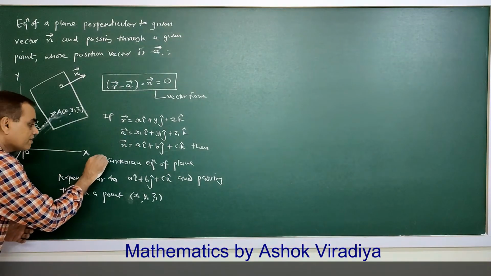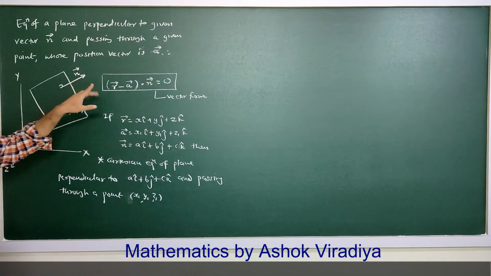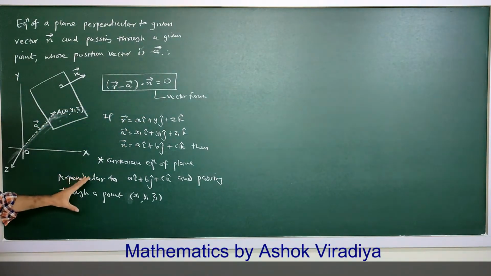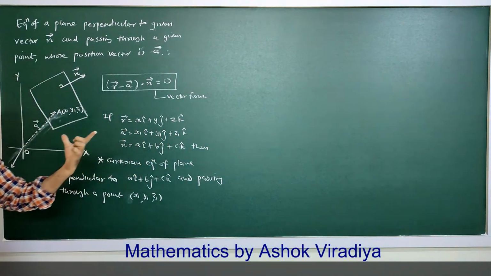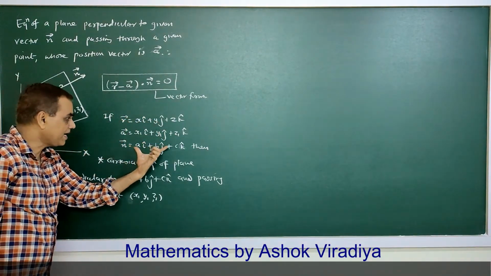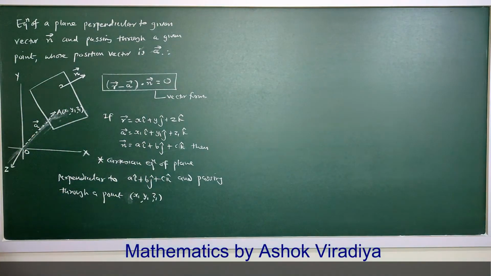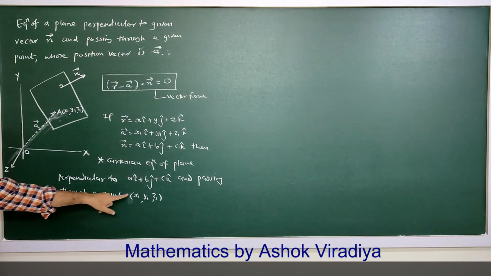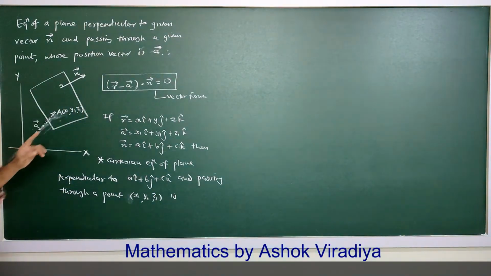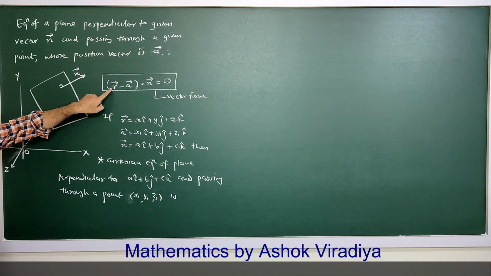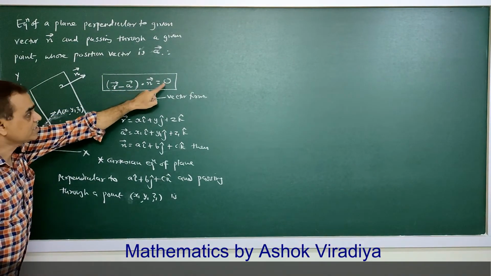So now I am converting this form into Cartesian form. So Cartesian equation of plane perpendicular to this vector n, which is normal, and passing through a fixed point x1, y1, z1 is, see, from this equation, r minus a dot n is 0.